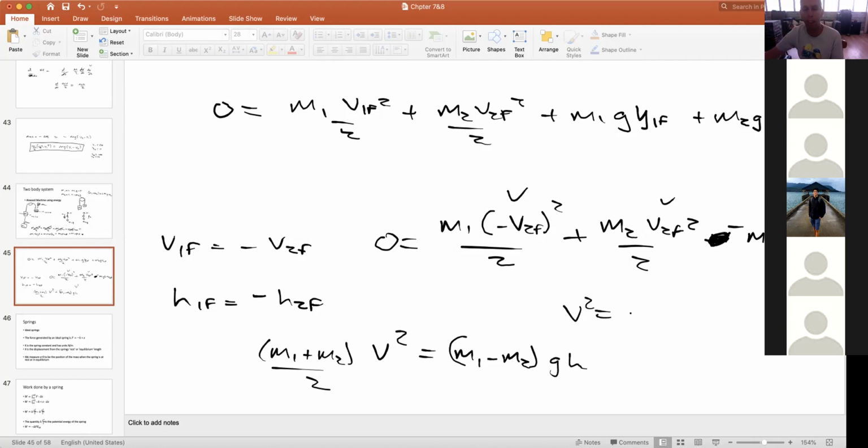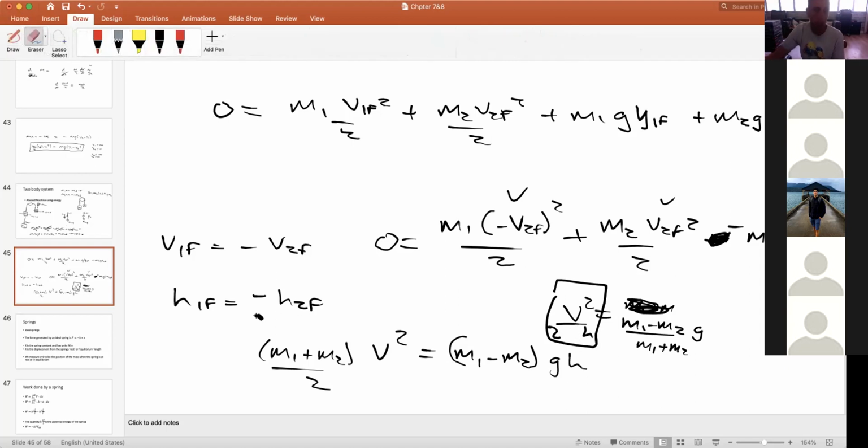And what I see here is that I get V squared is equal to M1 minus M2 over M1 plus M2. Divide this by GH. Actually, I take that back. Divide this by H and leave the G. Why am I doing this? You'll see, and I also have a 2 there.